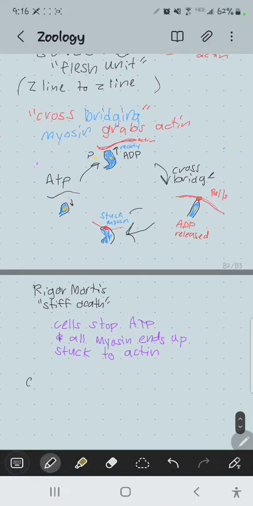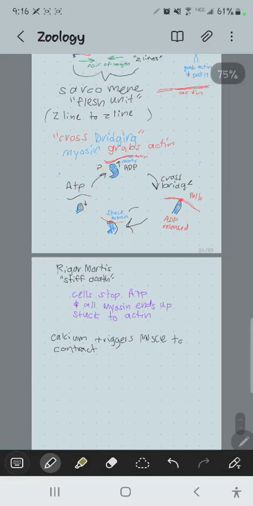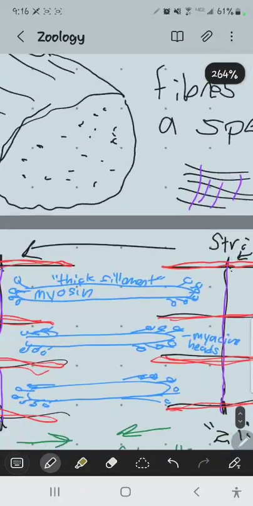what stimulates muscle contraction. On the actin, there is a protein, and I'm going to go ahead and combine two names together. If any of you have ever had physiology or anatomy, I'm kind of simplifying this greatly. But there is a protein that covers the actin when the muscle is not in contraction.